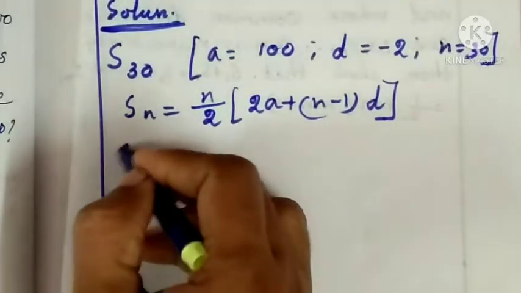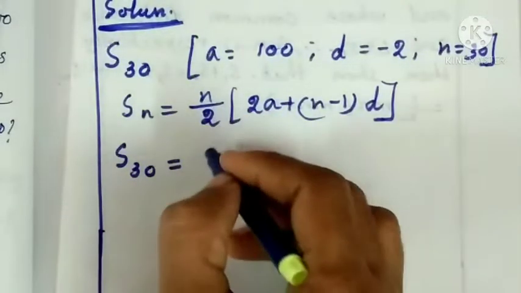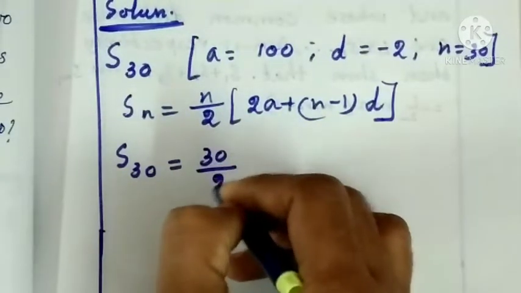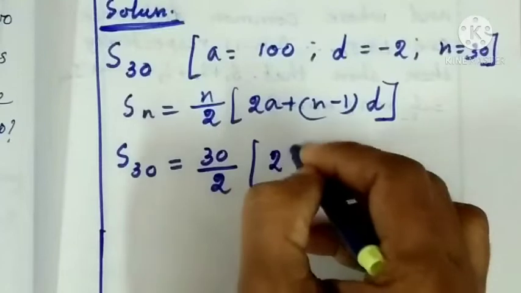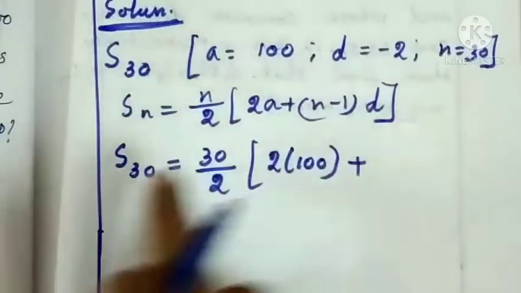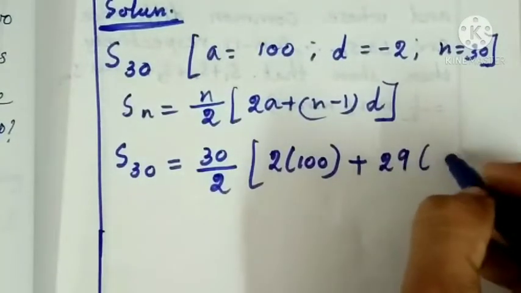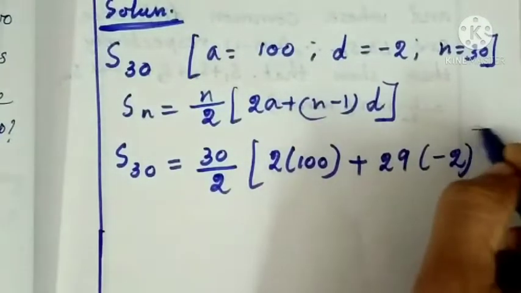Here S30 is equal to, n is 30, so 30 by 2 into 2 into 100 plus n minus 1, 30 minus 1, we have 29 into minus 2.